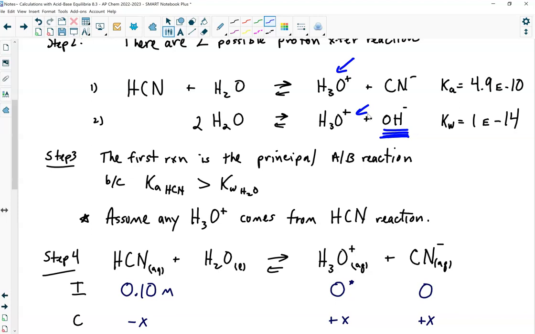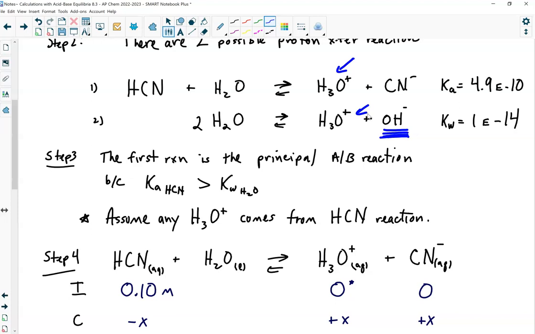If the first reaction and this reaction are going on in the same test tube, and the first reaction produces hydronium, which way is this second equilibrium going to go? To the left, which means we know that the initial concentration of hydroxide in water is 1 times 10 to the negative 7, right? But the production of hydronium by the first reaction affects the second reaction, drives it in reverse, and so this concentration of hydroxide that was there naturally actually will go down.